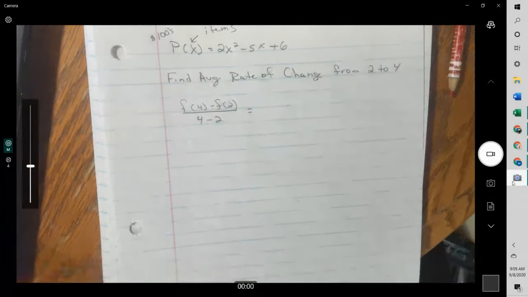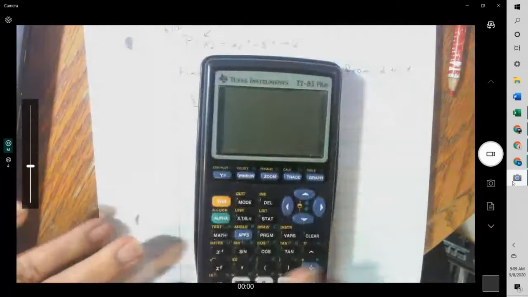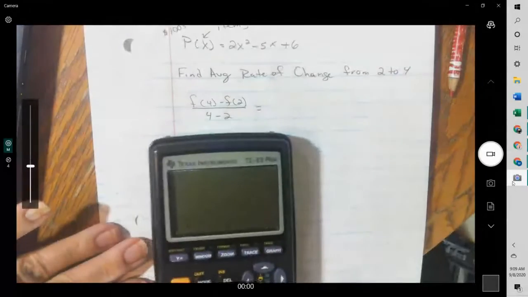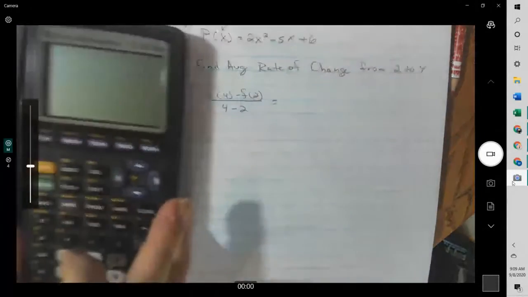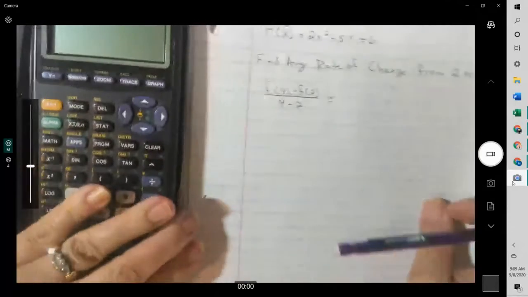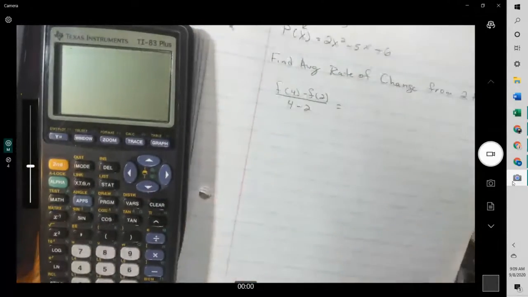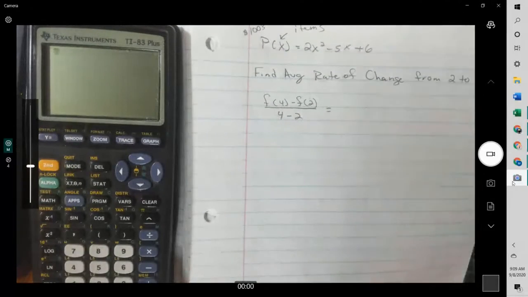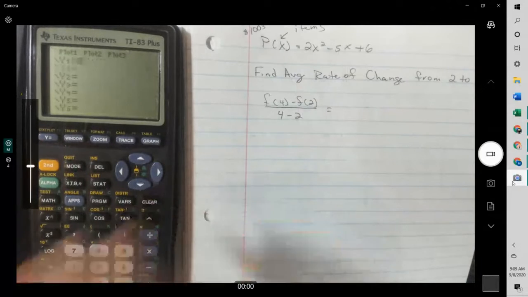So then we plug it in. Now on these larger ones, if you want, to plug these ones in when you're doing more than one value, you can actually go under y equals and plug this in, clear that.